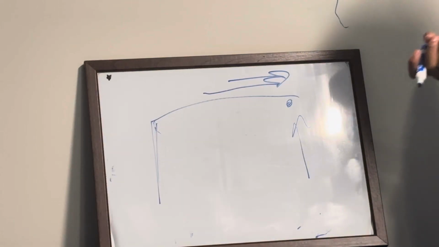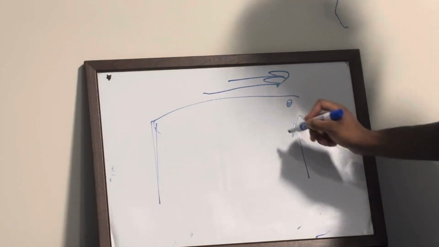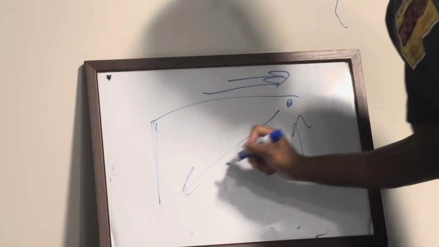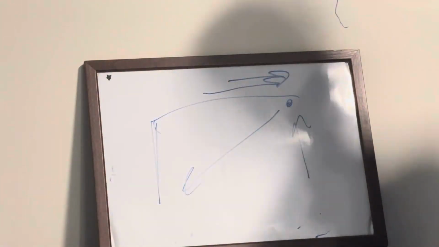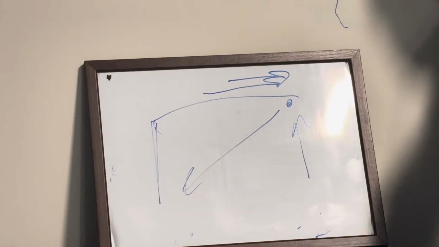Now the least electronegative, with the bigger atomic radius, is always going down and left. That's how we always choose which one is our central.